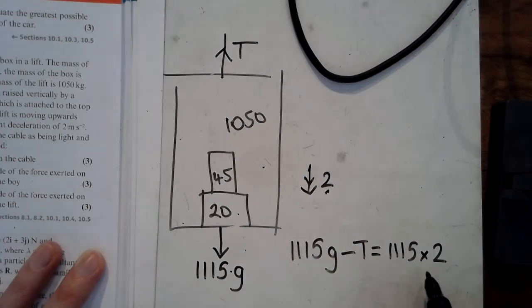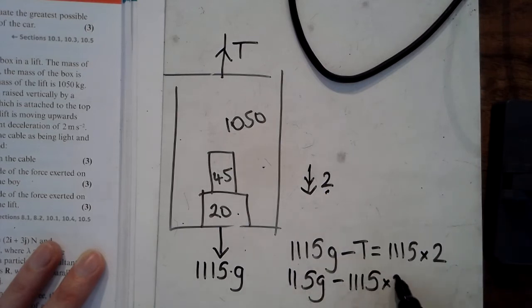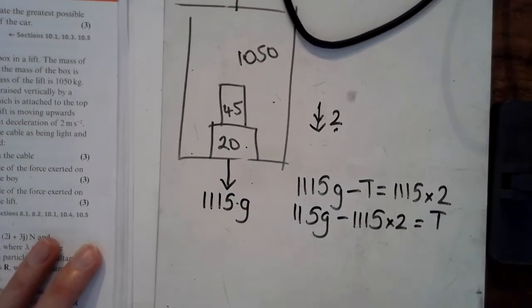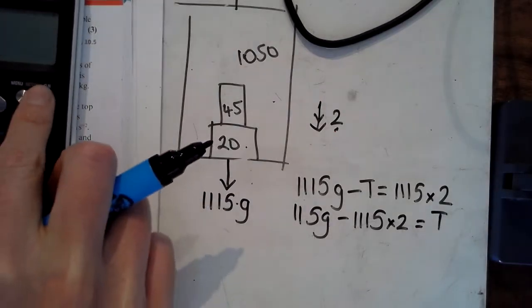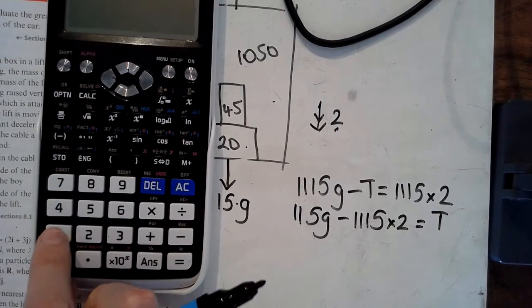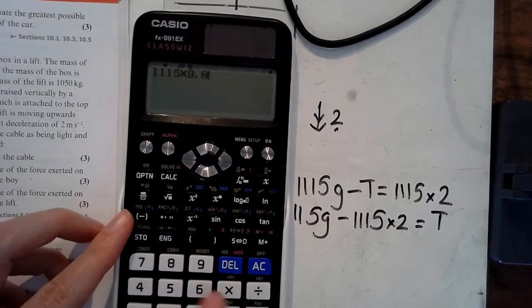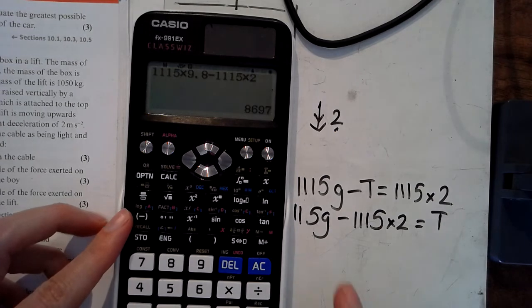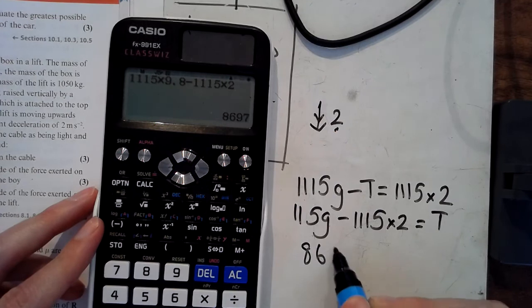Okay, rearranging, plus T over there, move that over. That's a calculator job. Comes to 8697 newtons.